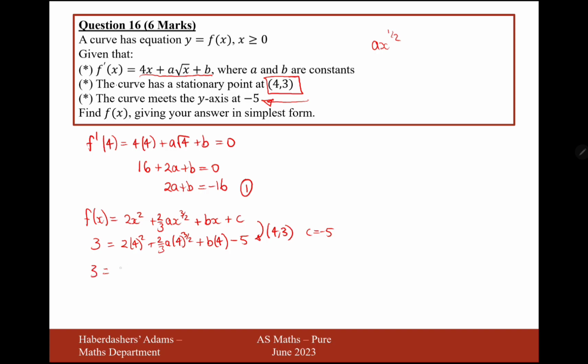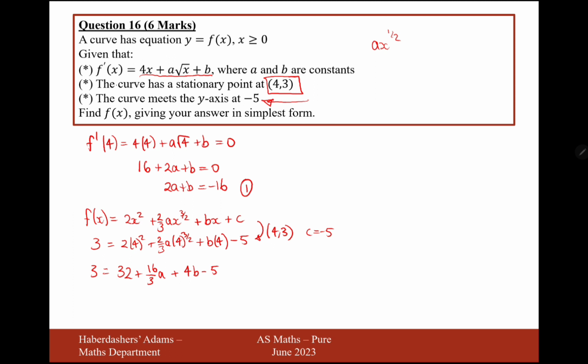We're going to get 16 times 2 is 32. Add 4 to the power of 3 over 2. Let's just do that on the calculator, but you should be able to work it out in your head. It's 8 times 2 over 3, so that's 16 over 3 a, plus 4b minus 5.